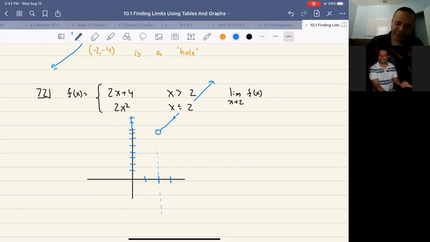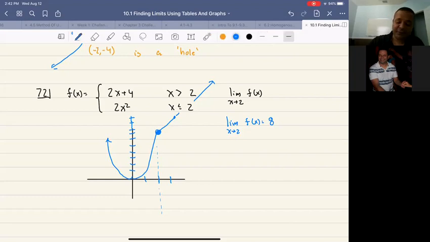So that's going to fill in the circle. Okay. So this limit does exist. The limit as x approaches 2 of f of x equals 8. You got the same thing on both sides. So this limit does exist. Okay. Could have easily gotten one that didn't exist.